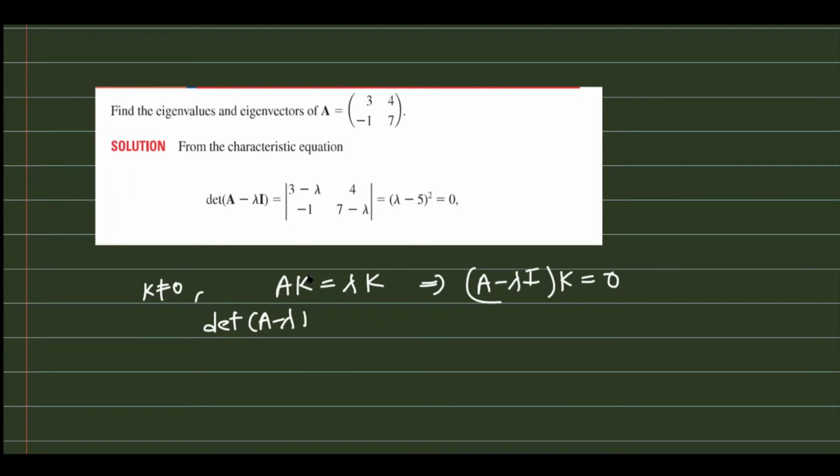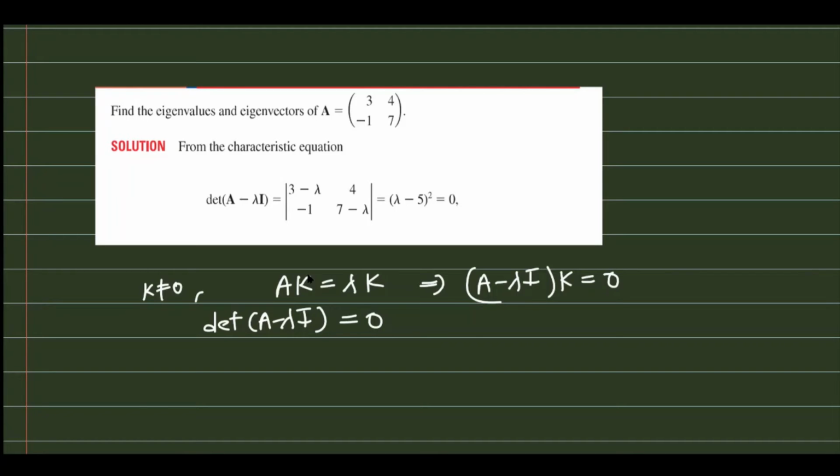Our aim is to find a non-zero k such that Ak equals lambda k, which implies that (A minus lambda I) k equals 0.